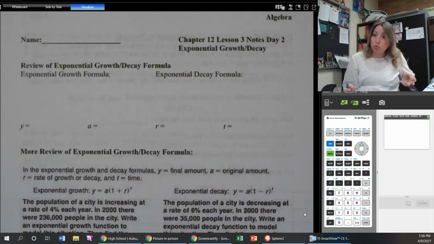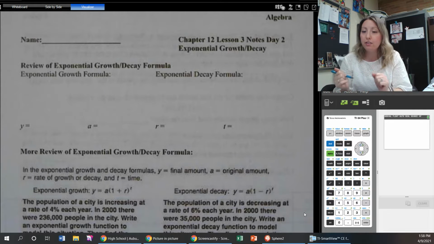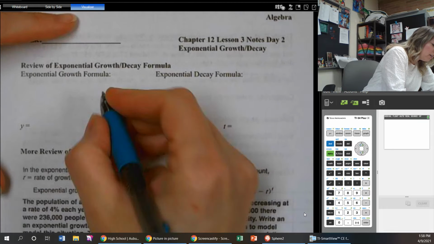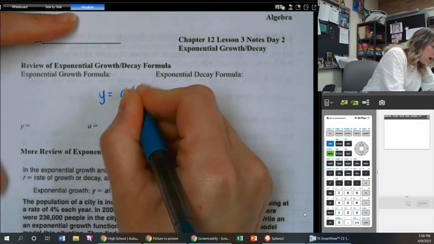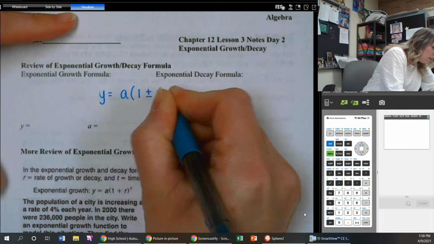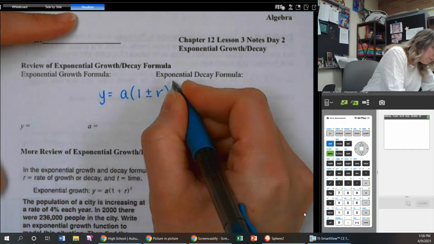So let's just review the exponential growth formula, the exponential decay formula, and my general plus and minus, how I kind of think of it, right? So the general formula is y equals a times (1 plus or minus r) raised to the t power, because this is a t right here.